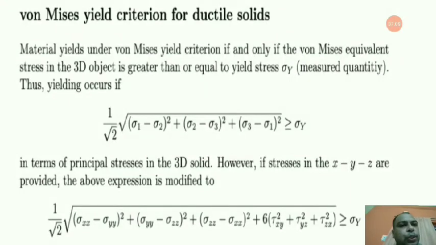I am not going into the mathematical derivation of these formulas or solving numerical problems, going into very much depth of these two theories. If you want, I can make a separate class for these two yielding criteria as well. But for now, for metal forming, you just need to know the yielding criteria.